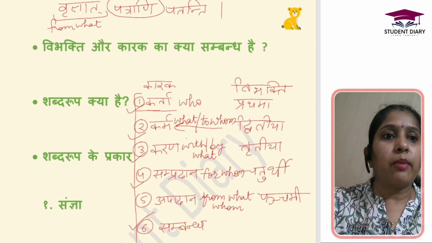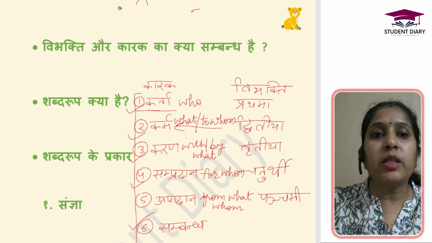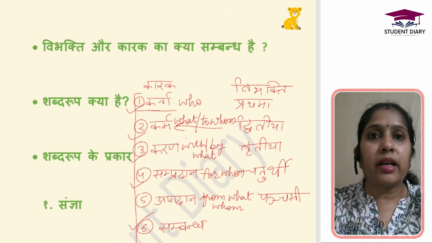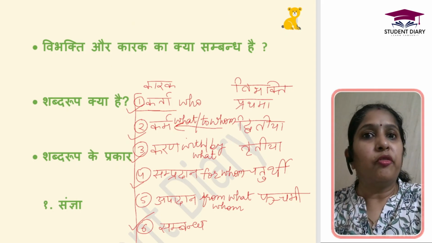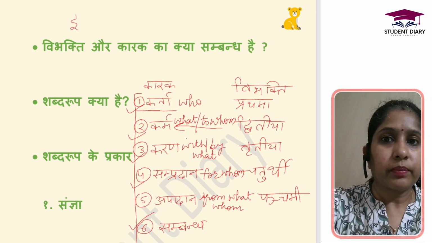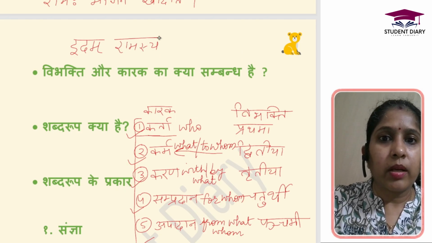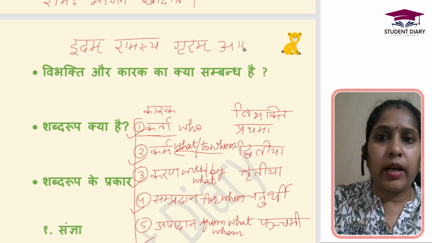Now, next one comes Sambandh. So, Sambandh is not the main karak because Sambandh is not going to give you the direct relationship with the verb. Okay, so if I just say one sentence, idam Ramasya griham asti, right?